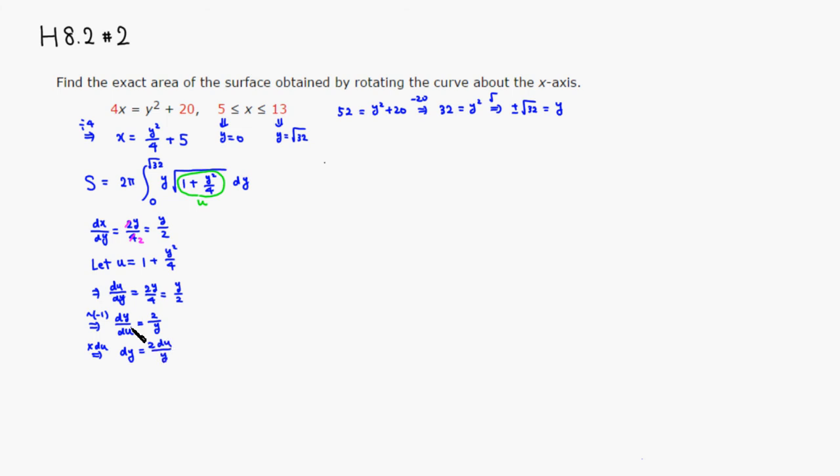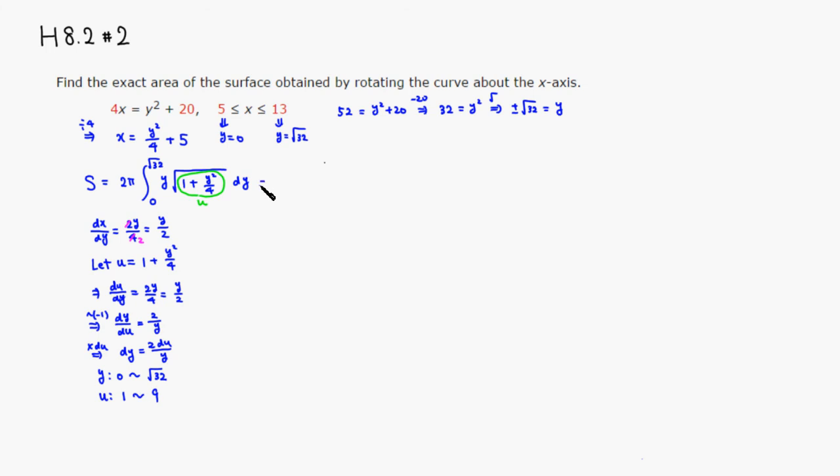Then the lower and upper limits. y is going from 0 to square root of 32. If you convert, plugging in 0, u is going to be 1. Plugging in square root of 32, it's 32 divided by 4, which is 8, plus 1, so u is 9.